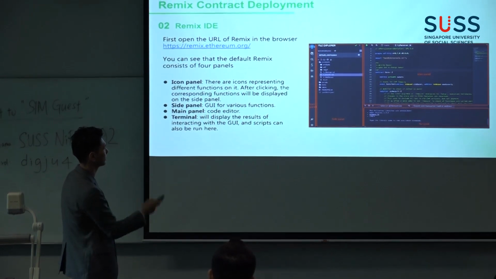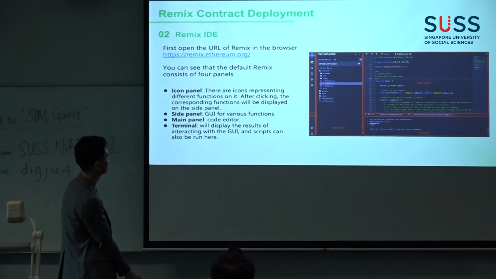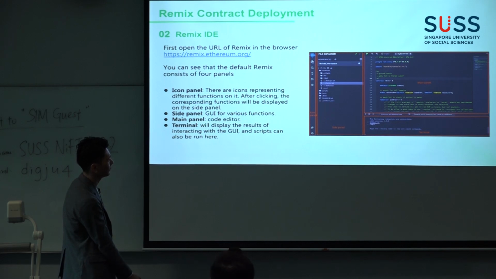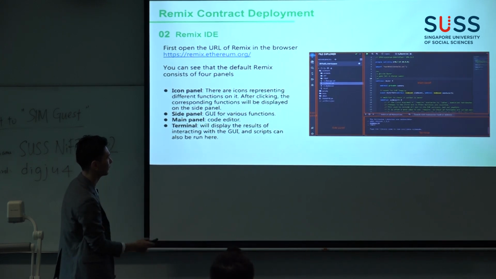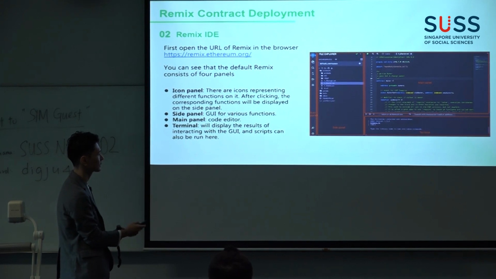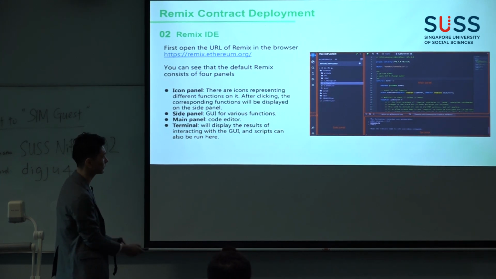The panel on the right-hand side is the code panel, the main panel. There's syntax highlighting, and you can put your code in there. The bottom panel is the terminal. It will display the results of interactions, for example, whether the transaction reverted or not, how much gas was spent, etc. You can also run scripts in the terminal.